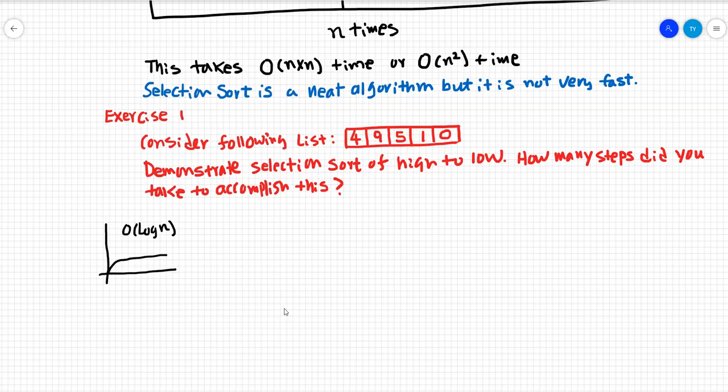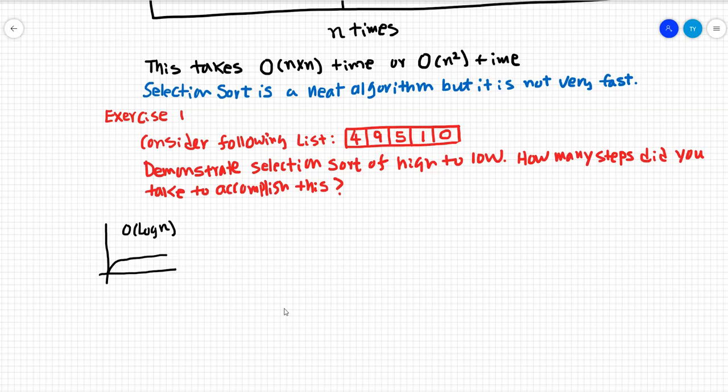What that means here is that it doesn't matter how many different inputs you have. The number of steps is not going to increase as you increase the number of inputs. So this is going to be very close to what we call constant, right?